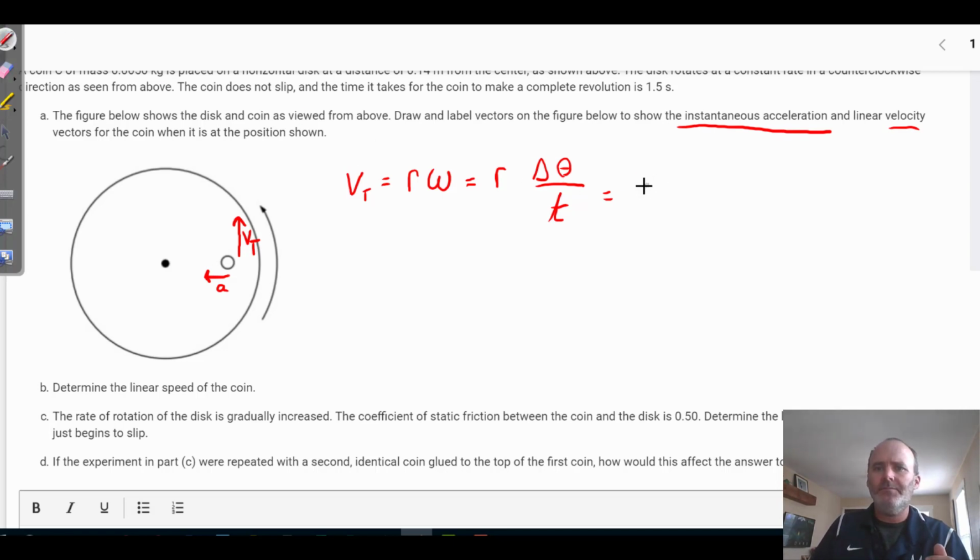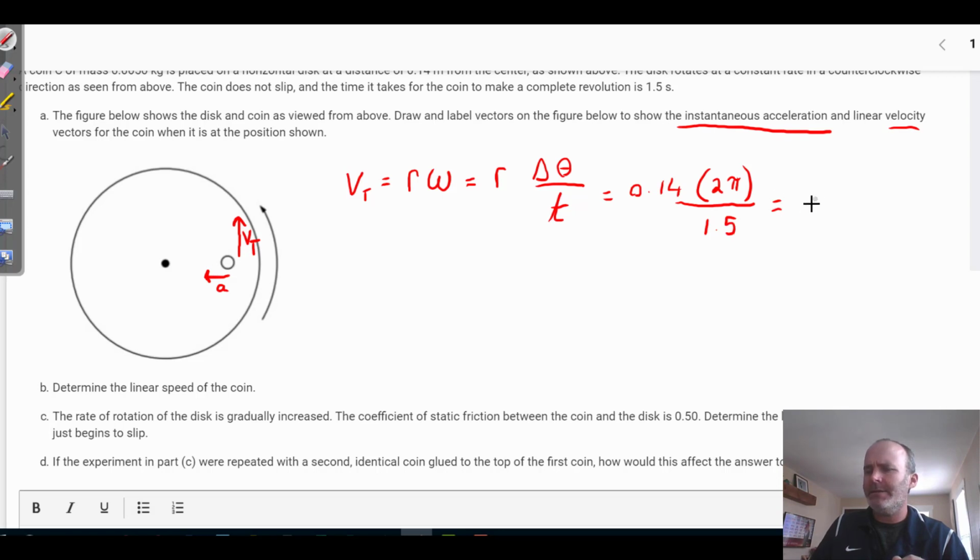So we have r. We were given r up top as 0.14. Delta theta is 2 pi, and that's in radians. It goes around 2 pi radians. And then the time it gave me was 1.5.